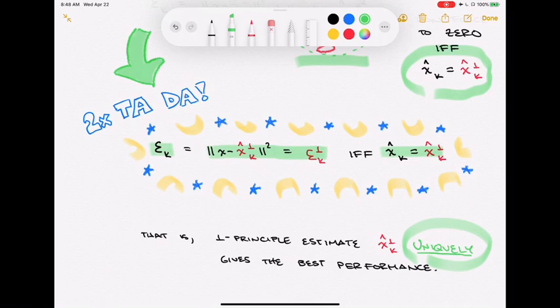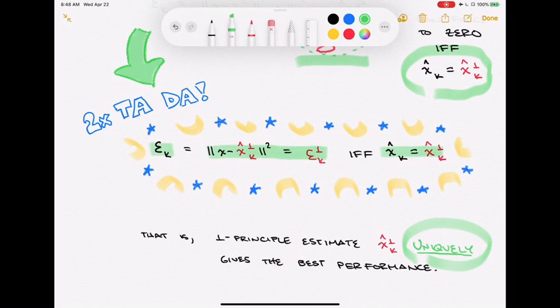I'm going to recap that right now. What did we do? We said, let's take a look at an arbitrary estimate, x hat. Let's look at its performance, E sub k. That performance, with a little give and take, we represented as some terms that included the performance of the thing that we said was supposed to be best, the orthogonality principle estimate. We found that the error for an arbitrary estimate could be no smaller than the performance, or size of the error, for the orthogonality principle estimate.